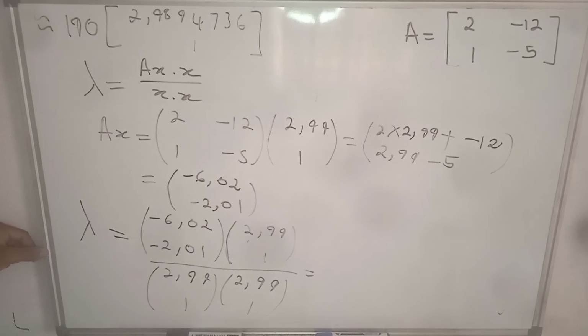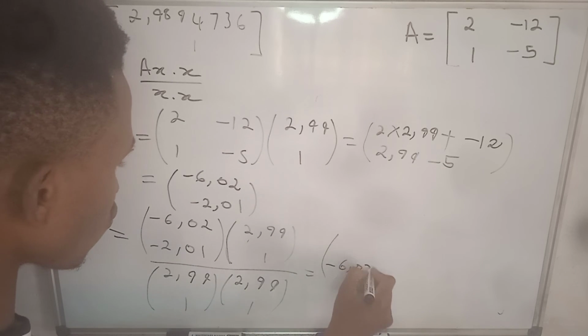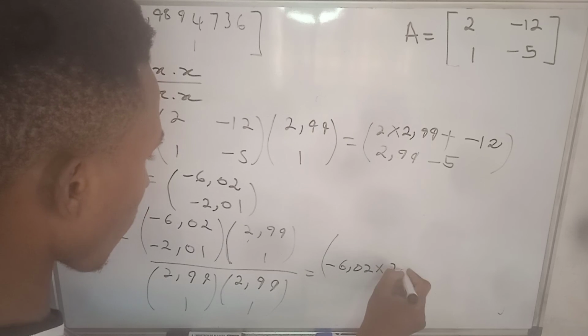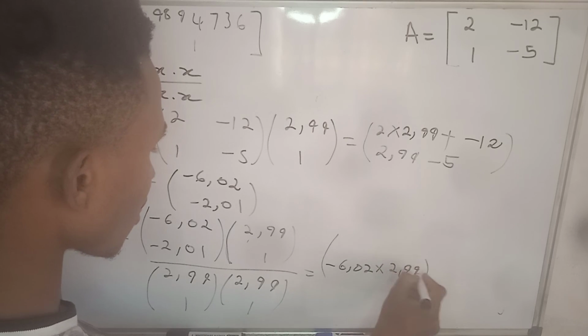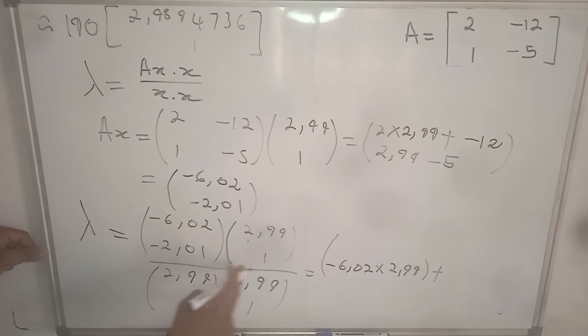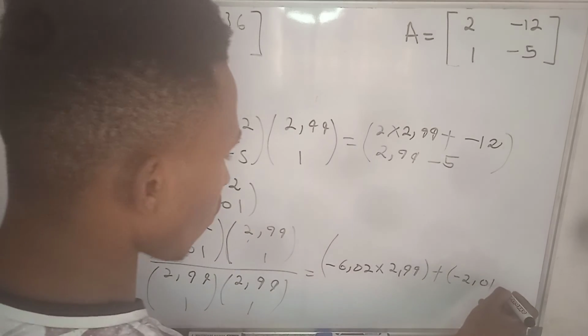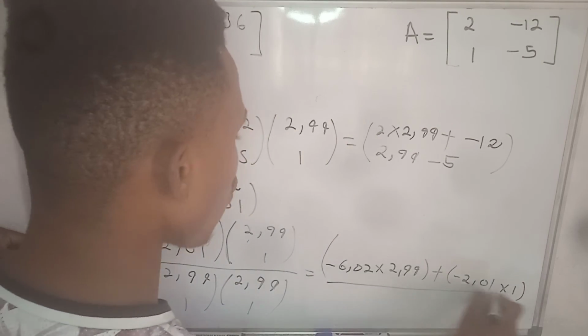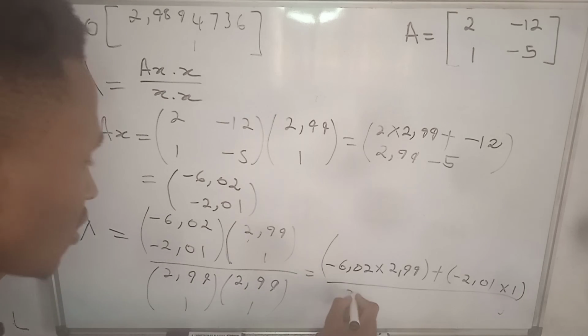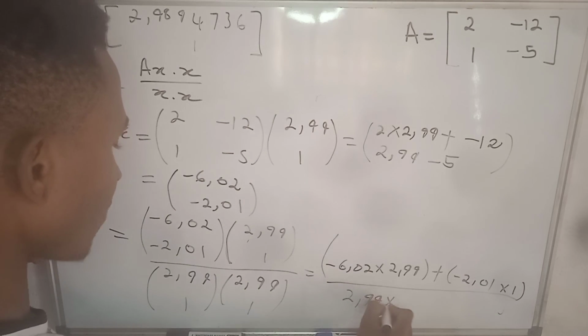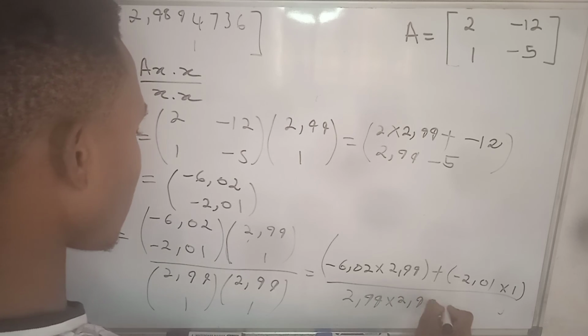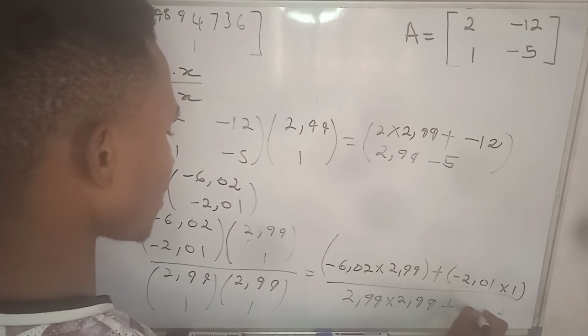So this is the same as minus 6.02 times 2.99 plus minus 2.01 times 1, all over 2.99 times 2.99 plus 1 times 1.